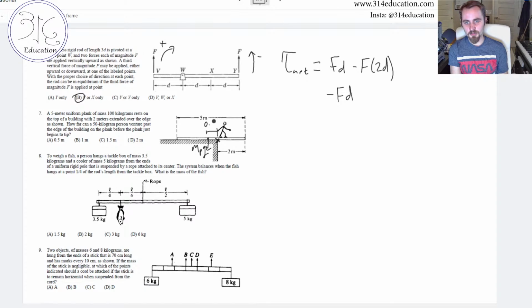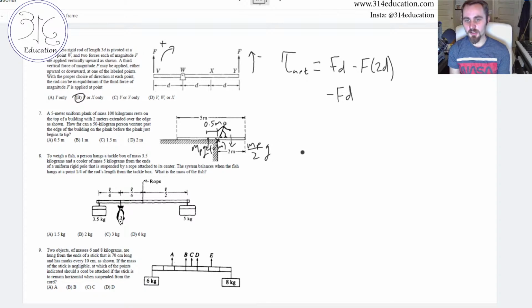So this is going to be 0.5 meters radius. But our person is also going to be inducing a torque on the opposite side. But his mass is half of that. We can treat this as the mass of the plank over 2 times g.